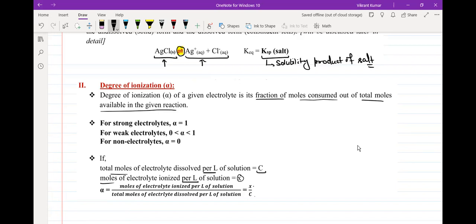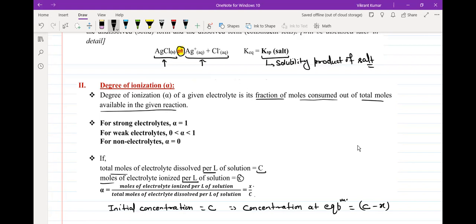Which means if I ask you that initial concentration, मान लो, if I say initial concentration was C, so then concentration at equilibrium, if I ask you, of that substance which is going to be ionized, equilibrium will be C minus X है ना, X is consumption, and X की जगह क्या लिख सकते हैं?